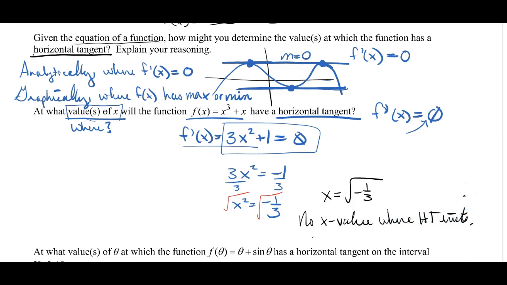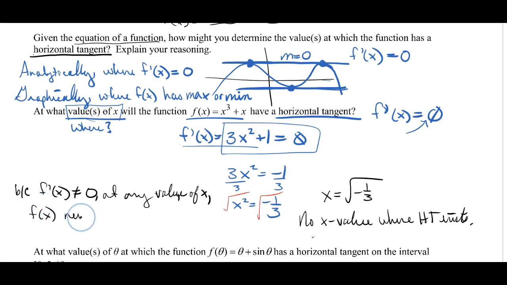Which means there's no horizontal tangent because the derivative never equals 0 at any value of x. Because of that, f of x never has a horizontal tangent.